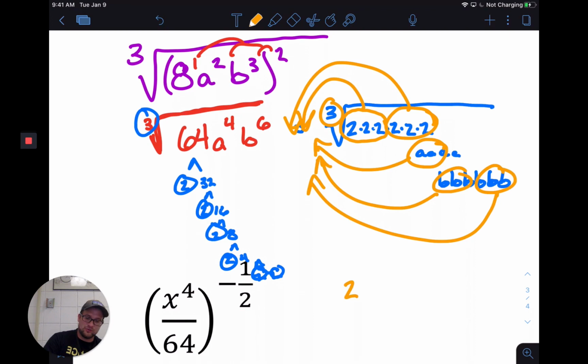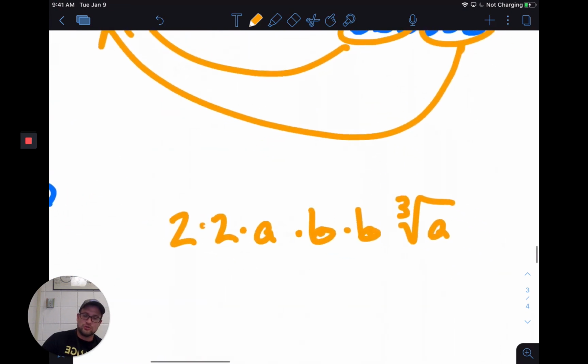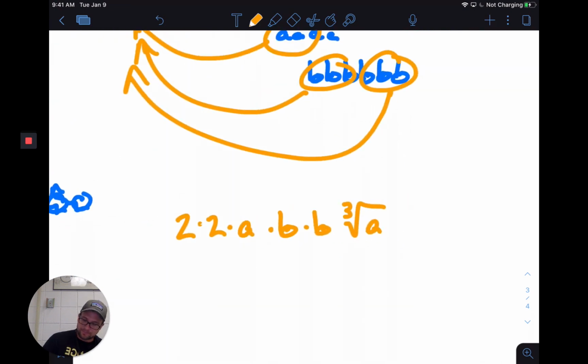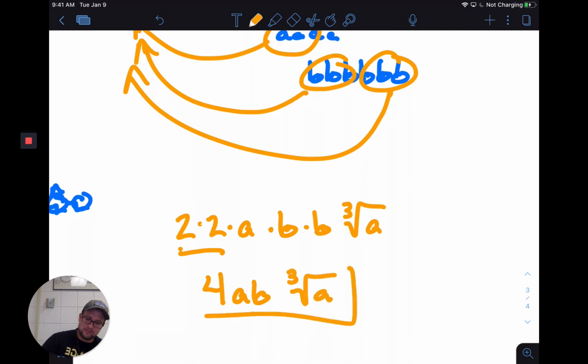I'm going to have a 2 times a 2 times an A times a B times a B on the outside. And then I'm going to have the cubed root of A left on the inside. So simplifying this, I could have 4AB cubed roots of A.